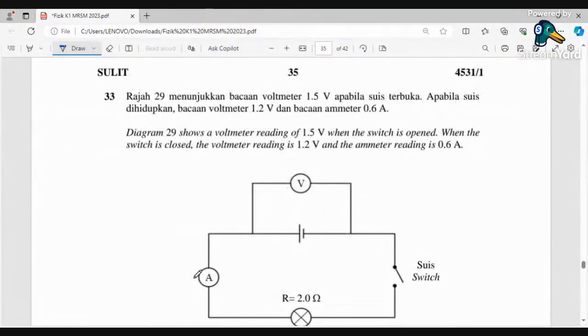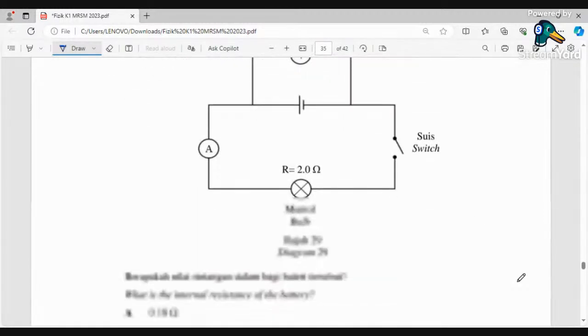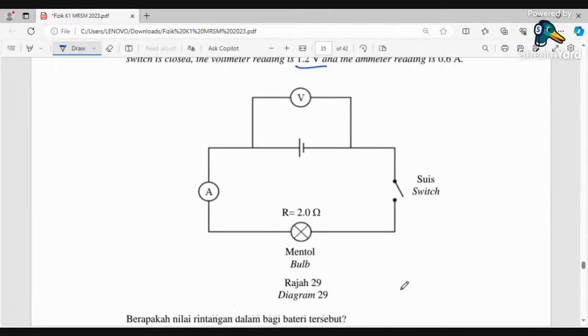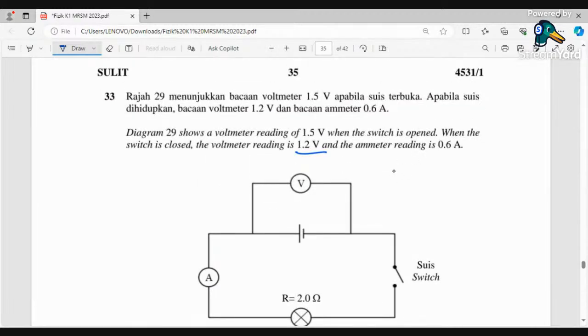Number 33, voltmeter reading 1.5 volt. Ammeter reading, okay, when the switch is closed, voltmeter reading 1.2, ammeter reading 0.6. What is internal resistance? Okay, EMF ialah V plus I small r. So reading of the voltmeter equals to EMF minus Ir.